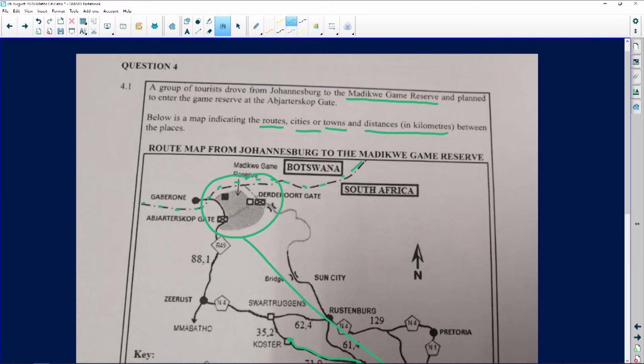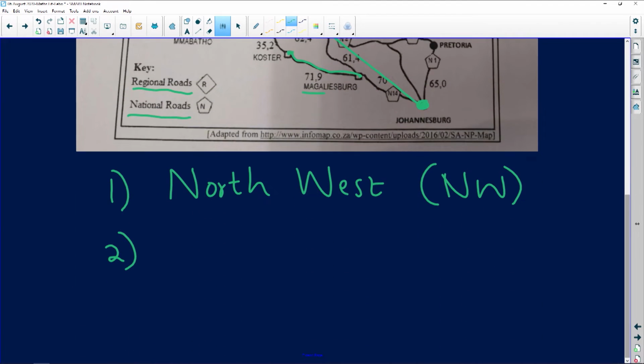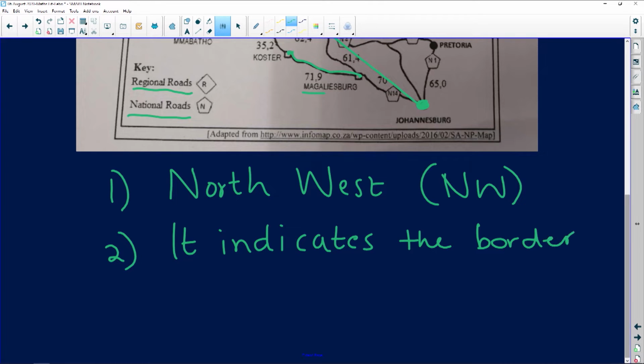If you look at that broken line, it separates South Africa from Botswana. So for me, automatically, it makes it the border. So I would say it indicates the border. Okay, so look at those type of questions.